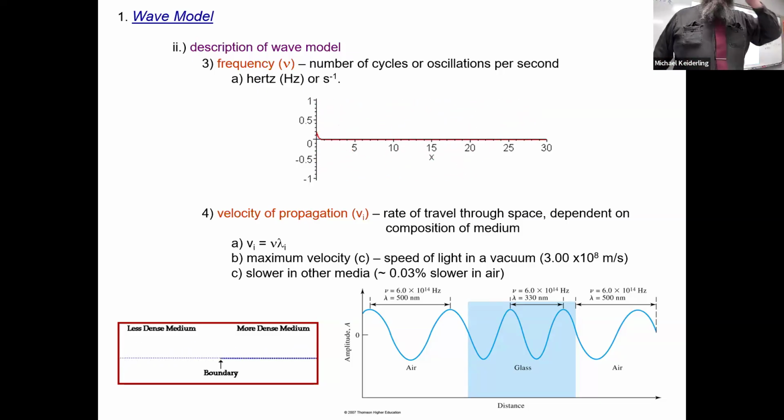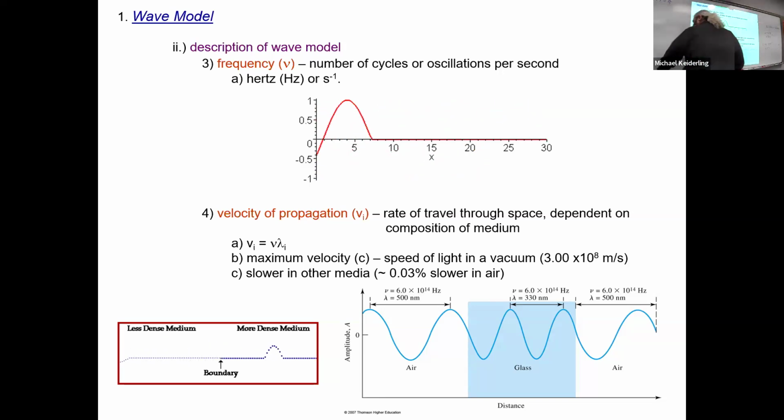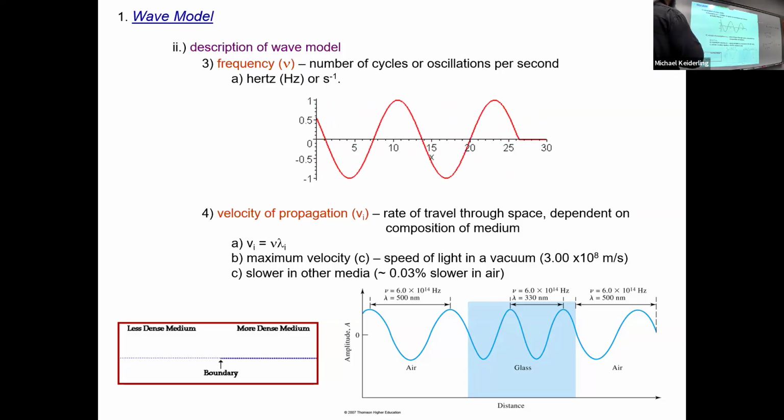There's a conversion factor that I can work out. So frequency is cycles per second. Wave number is 1 over wavelength. Speed of light is frequency times wavelength.